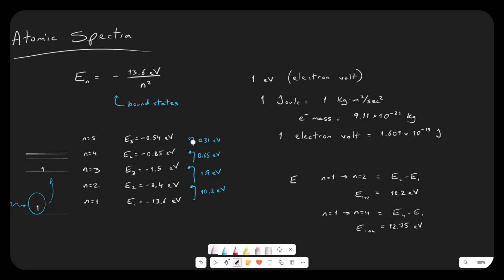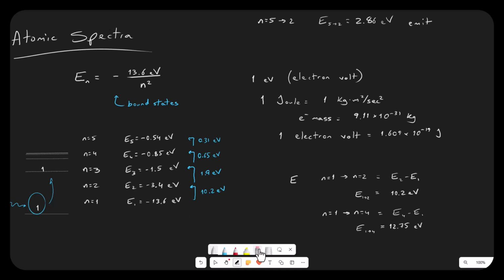If we are hanging out in the n equals 5 level and we want to drop down to the n equals 2 level, then we would say energy 5 to 2, and we're going to again take the difference between those, so we get 2.86 eV. Because we're dropping down, we need to emit this photon.